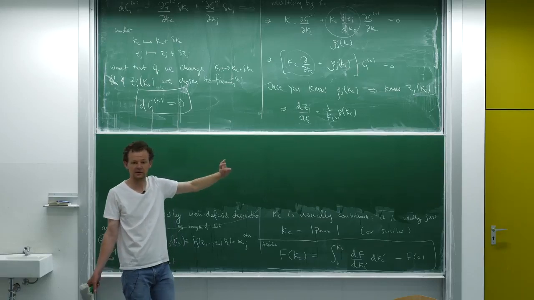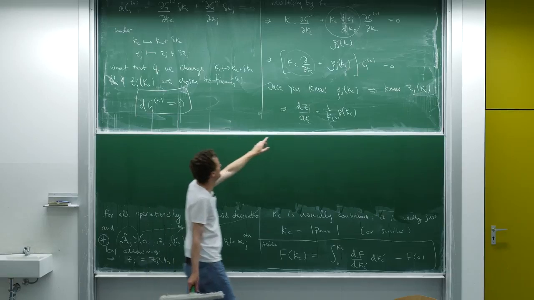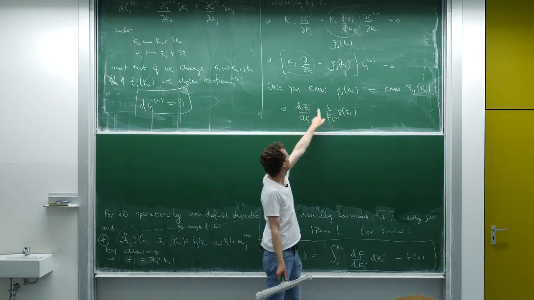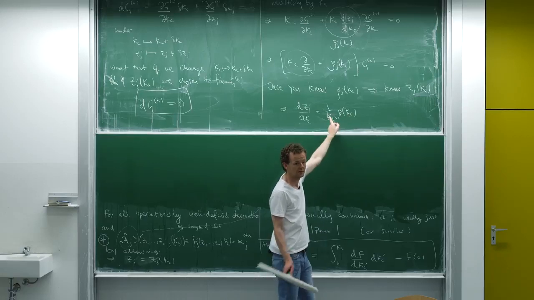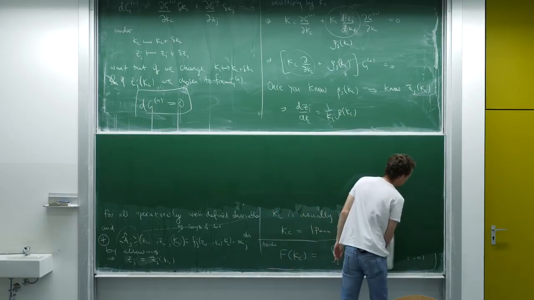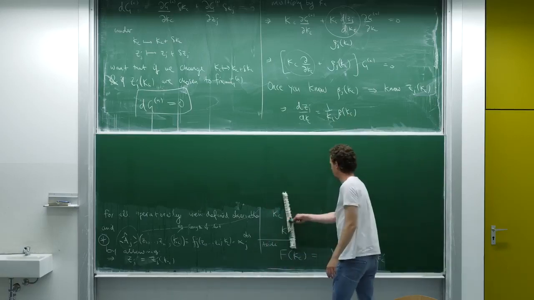The dependence of the coupling constant zj on the cutoff will usually be quoted in terms of how this beta function behaves. And that's how this beta function is defined.